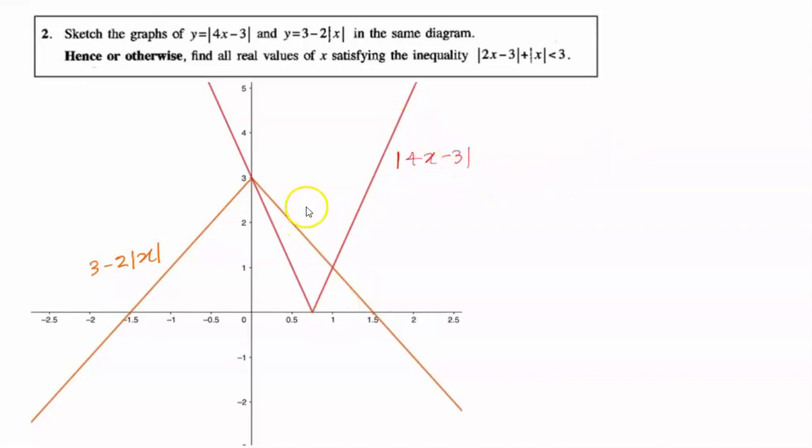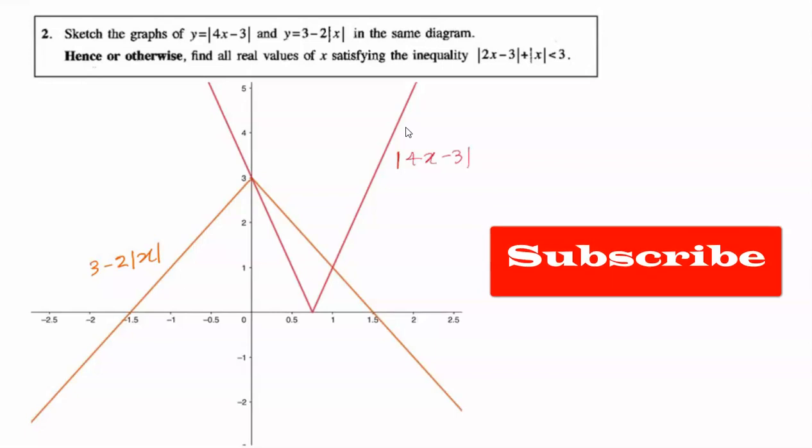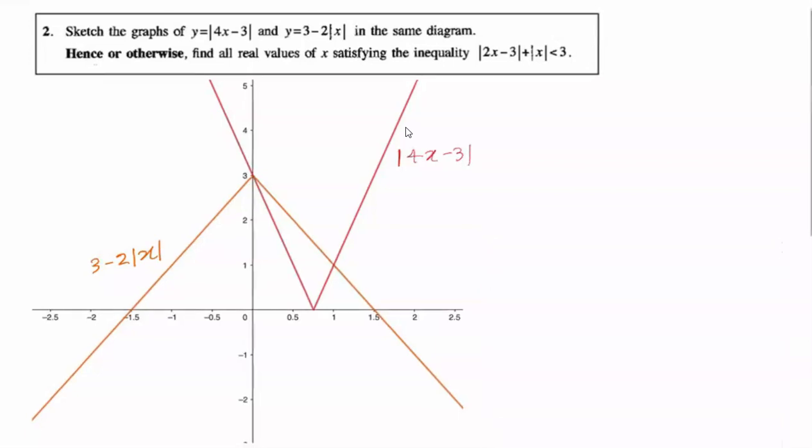Instead of labeling these two graphs with the absolutes like this, let's think about this absolute 4x minus 3. How about I just think about the right side, the line like this, and the left side, the line like that. These are just lines when you think about the right and the left sides of this V shape. We know the absolute works like this.